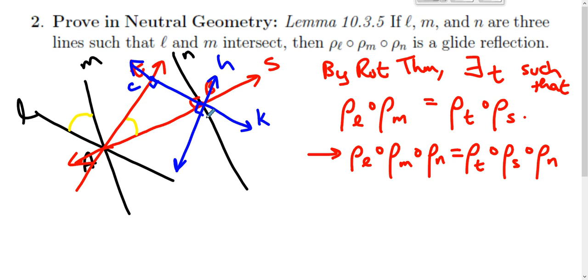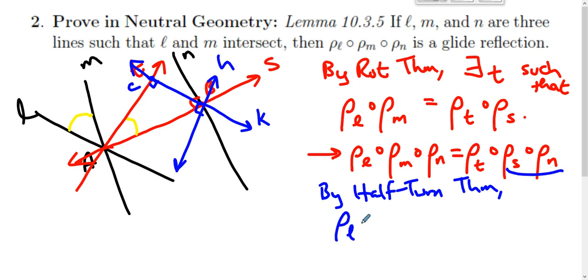Here's the funny thing about that. S and N are perpendicular lines. H and K are perpendicular lines. S and N pass through point B. H and K pass through point B. By the half-turn theorem, it doesn't matter if I use S and N or H and K, they are the same.